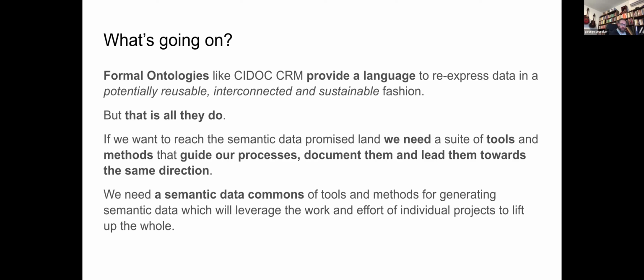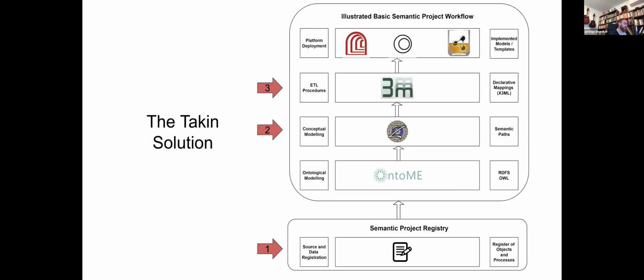So if we want to reach the semantic promised land, we need a whole host of tools and methods that implement best practice and can help guide our processes, document those processes, and lead us all in the same direction. So we need some sort of semantic data commons. I make that argument out of experience and out of trying to keep the projects that Takin.solutions is involved in going all in the same direction and not being bespoke and strange and difficult to handle.